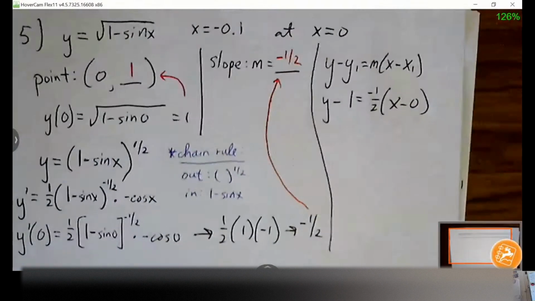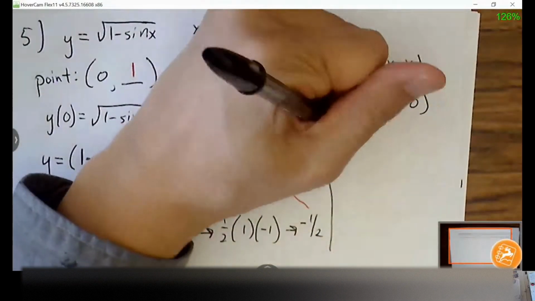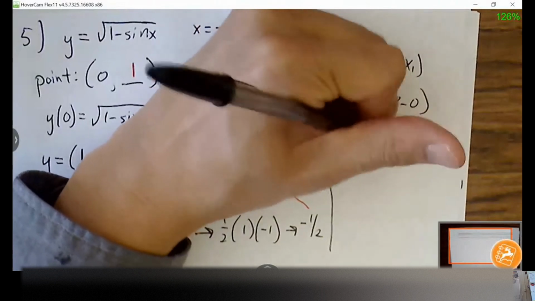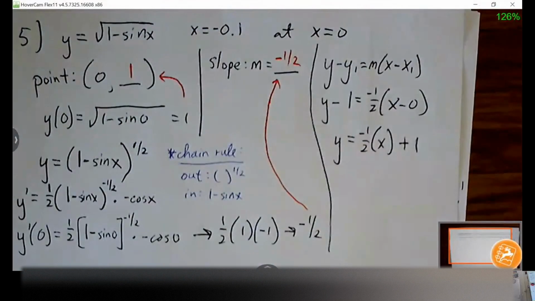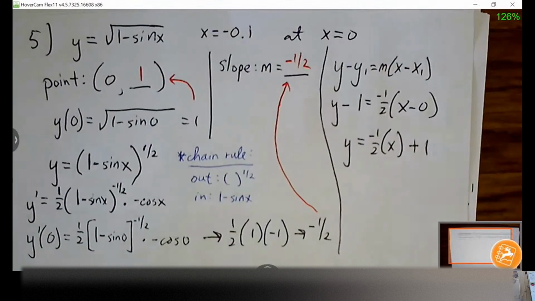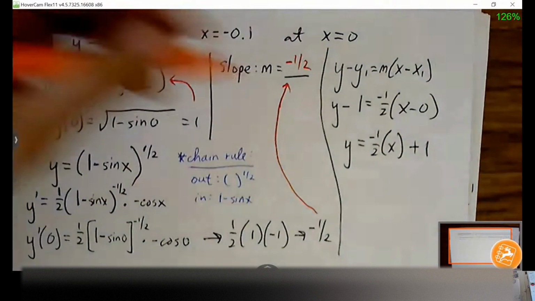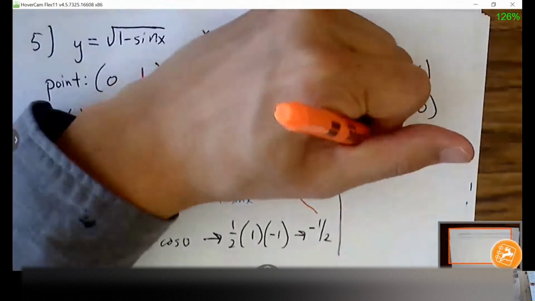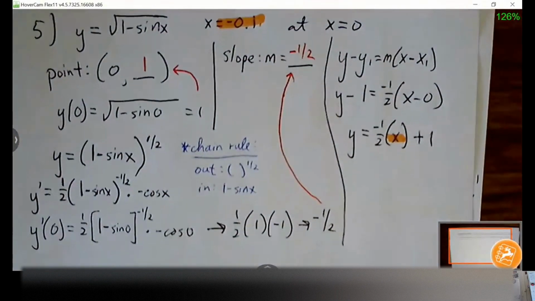Solve for y. So now that you've found your tangent line equation, there's one more step, and that is the linear approximation portion. Now you can play with the decimal, and that decimal is just going to be inserted into your tangent line equation.